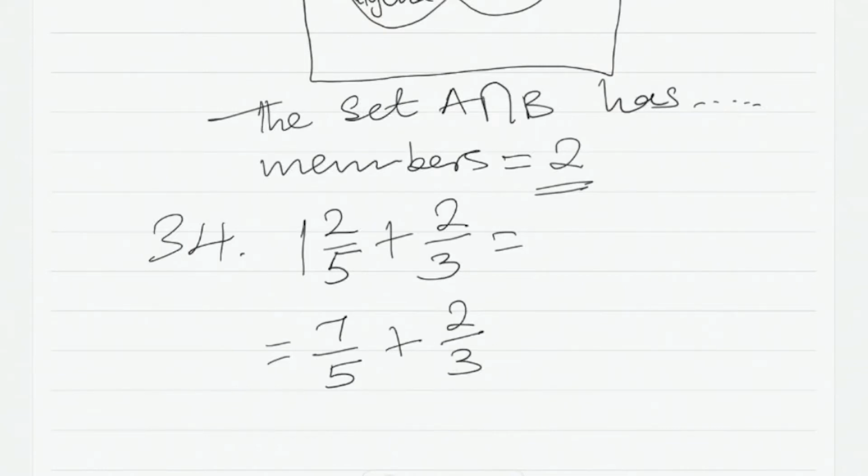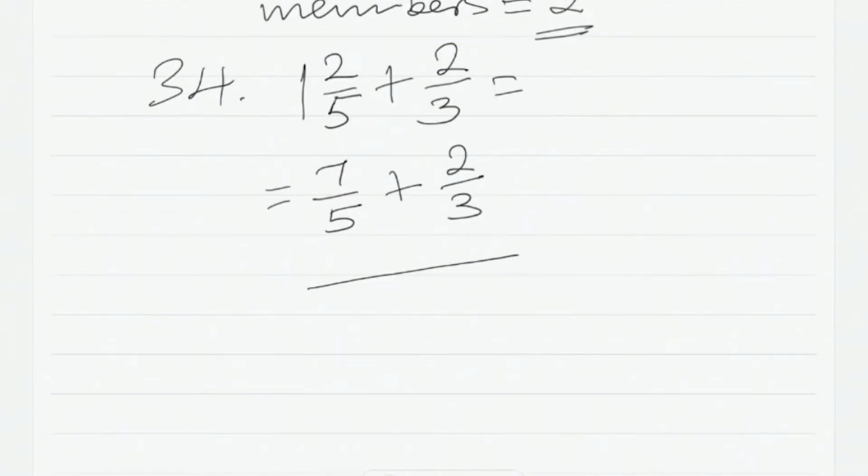So we find the lowest common multiple in which 5 and 3 can be divided without leaving any remainder. And that number is 15. How many times can 5 go into 15? It will go in 3 times. 3 times 7, it will give us 21.